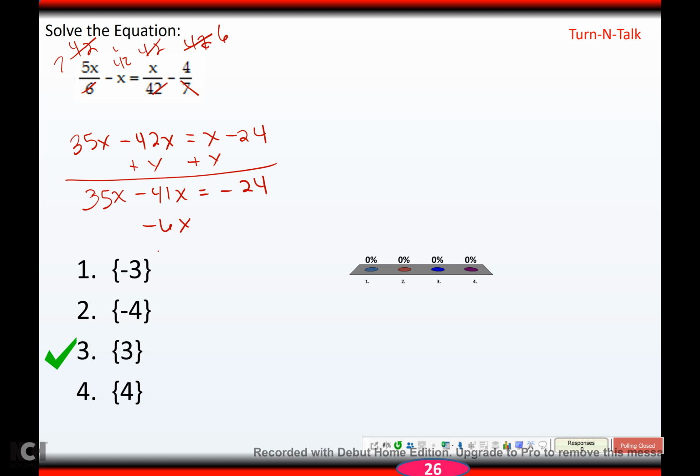Okay. 35x minus 42x equals x minus 24. So I got negative 6x equals negative 24. Divide by negative 6, I get x equals 4, not 3. I wonder if I did something wrong here.